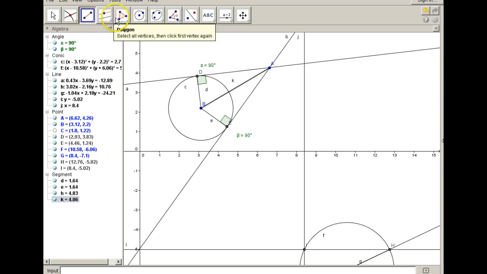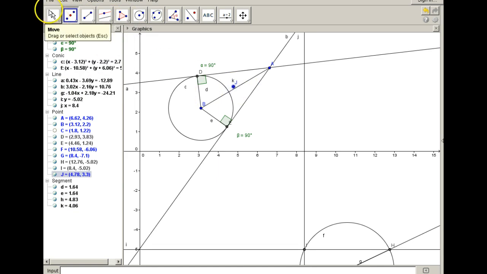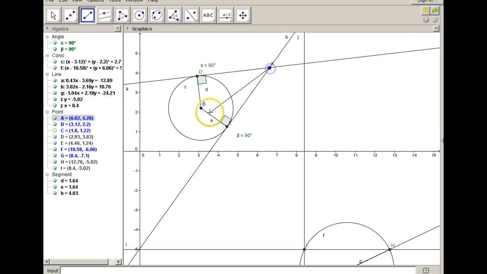If you think about it, I'm doing this kind of backwards for a minute. But let's find the midpoint of that segment. Oops, that wasn't what I wanted to do. Let's try that again. We draw the segment, and then find the midpoint of that segment.